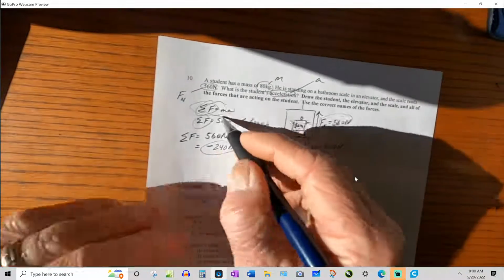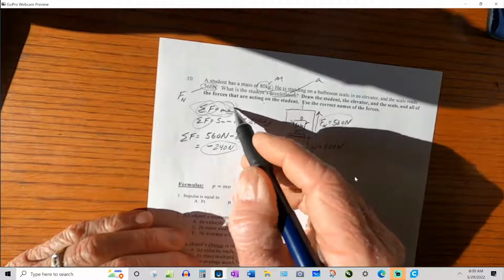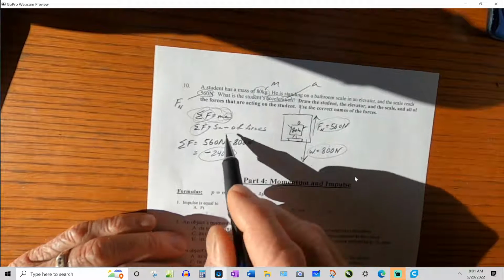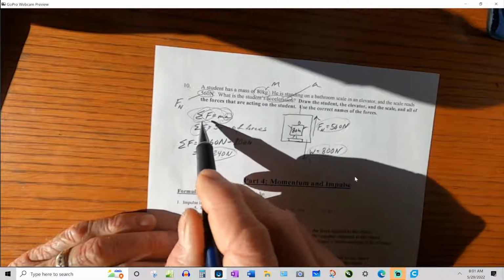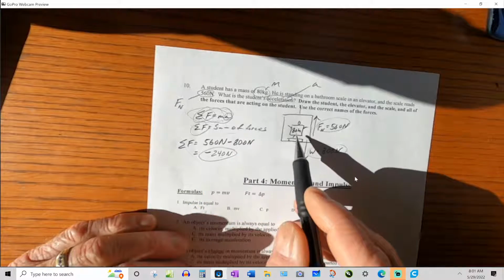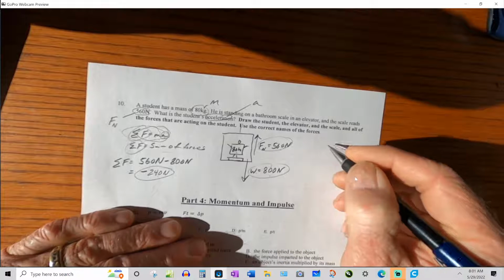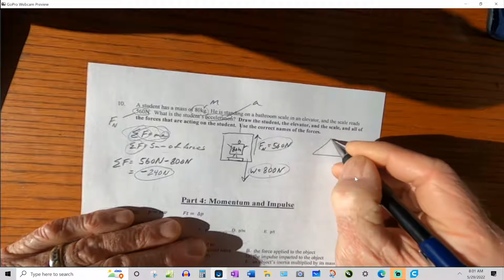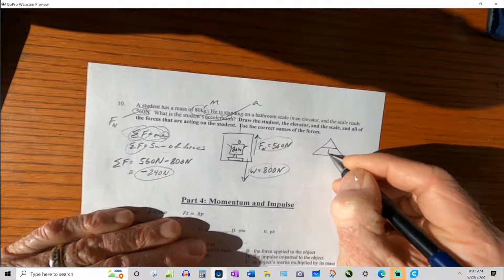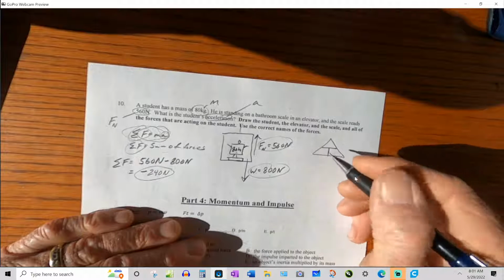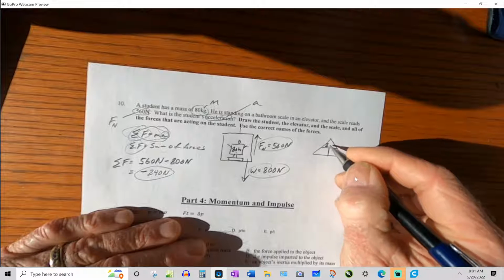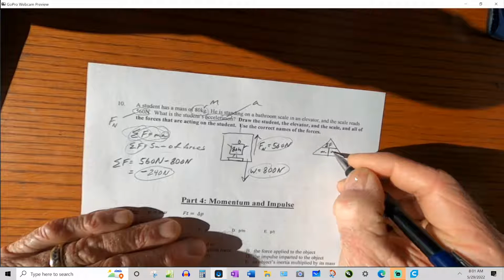Now I can use this equation. So I want to find acceleration though. So I know the net force is negative 240. I know the mass is 80. I need to find acceleration. Let me do this over here. You can either do the algebra the proper algebraic way that math teachers do, or you can just say net force goes in the top, M and A go down there.